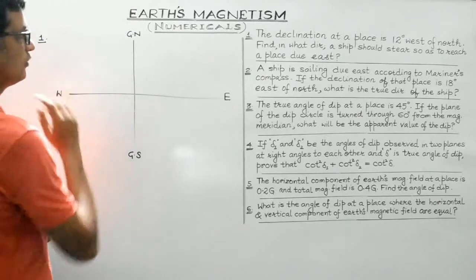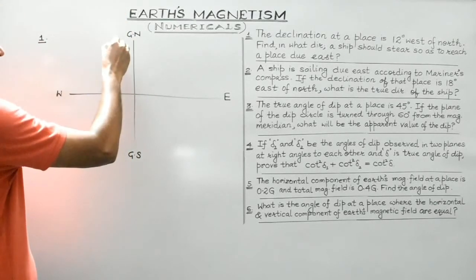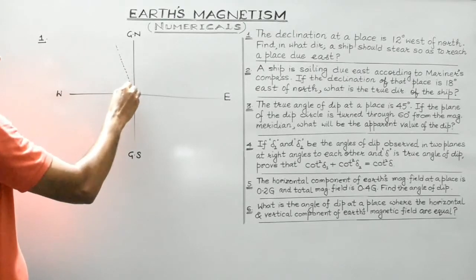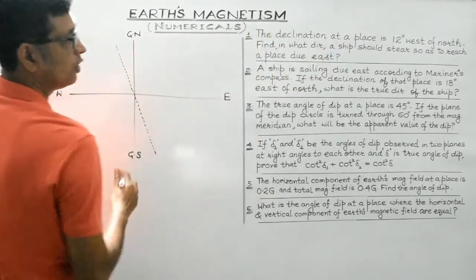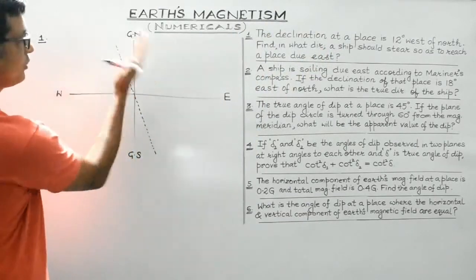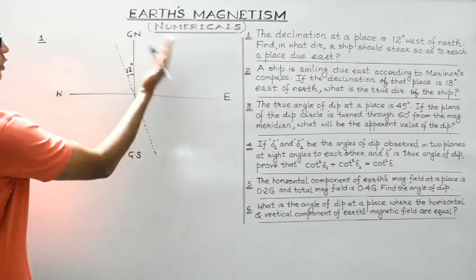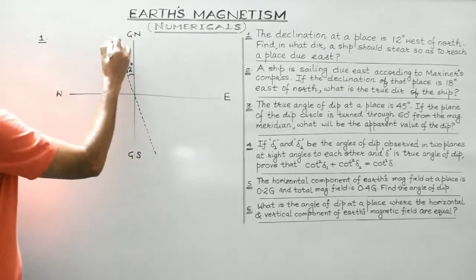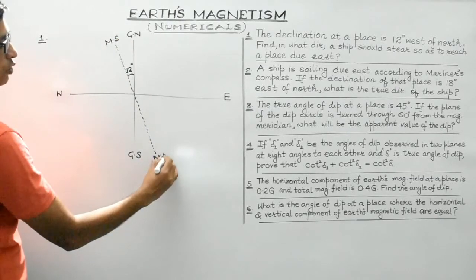So this is the geographical axis, and this should be the magnetic axis, which is given to be at an angle of 12 degrees west of north. So this must be magnetic south and this must be magnetic north of Earth.